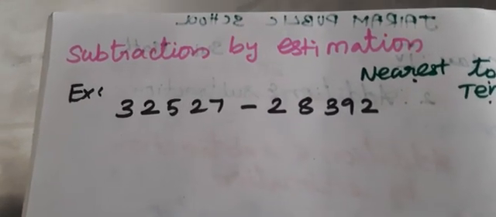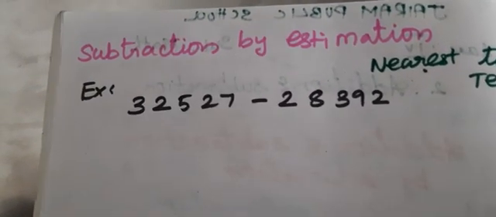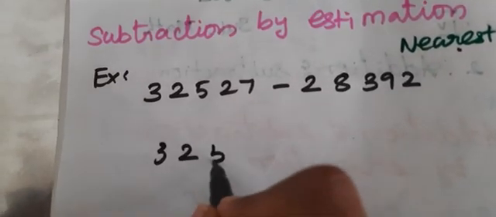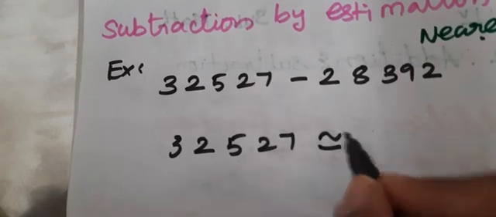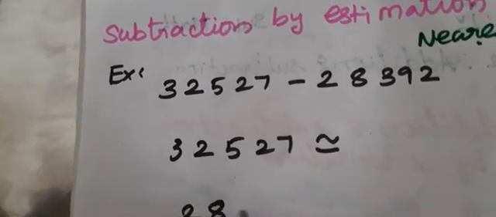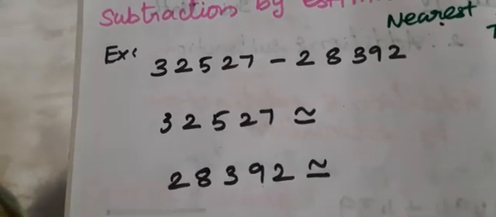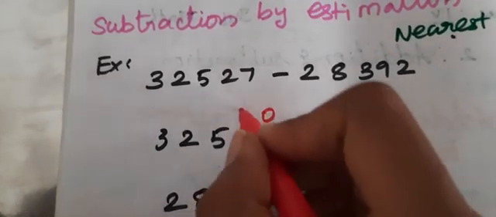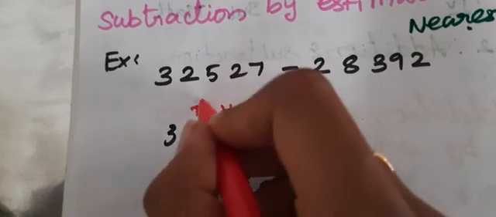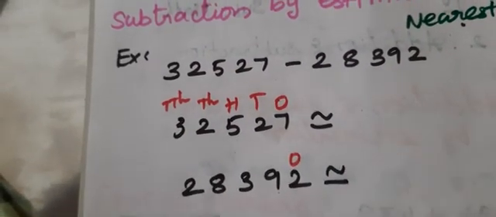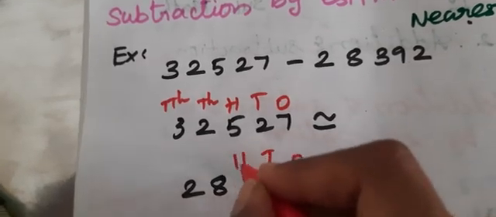How are we going to write the steps properly? Listen carefully. First we have to write each number individually with the approximate sign. Next, we should write the places in capital letters. This is the way you have to write the sum.